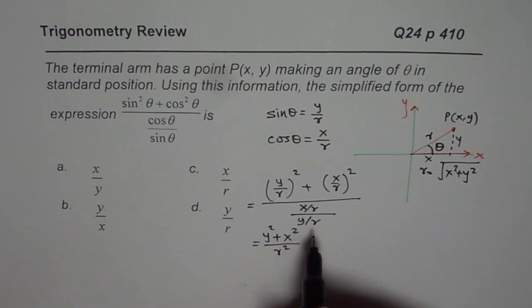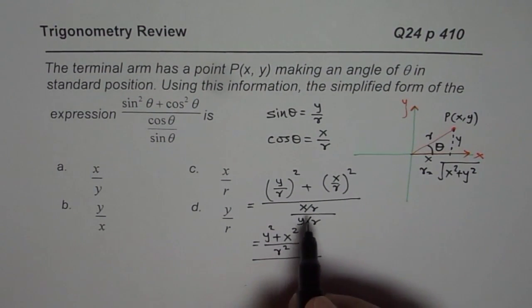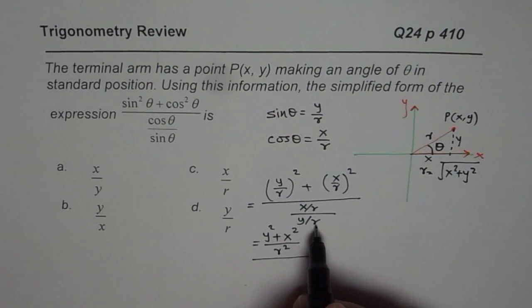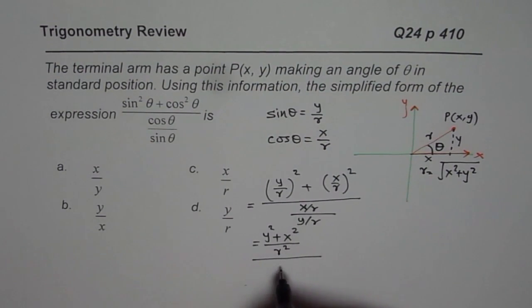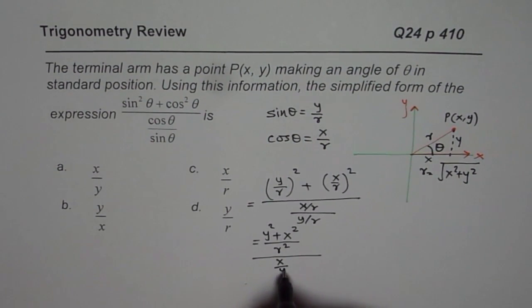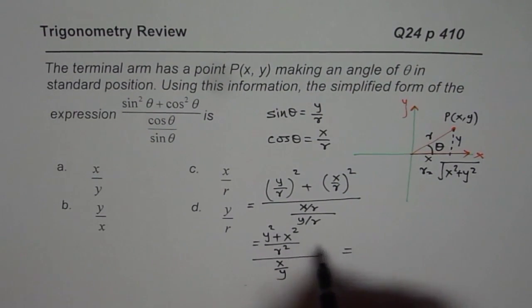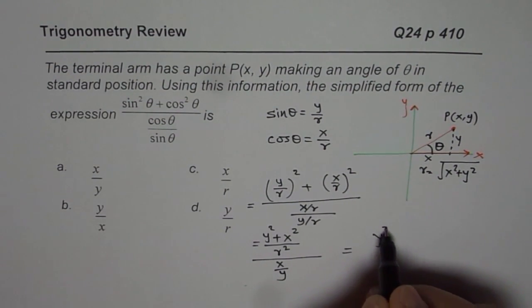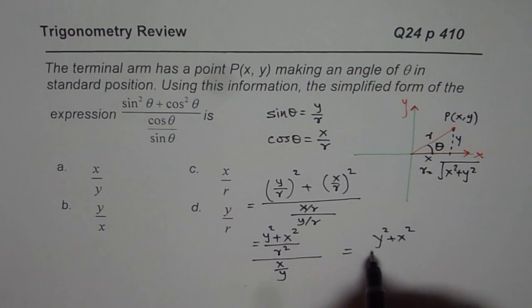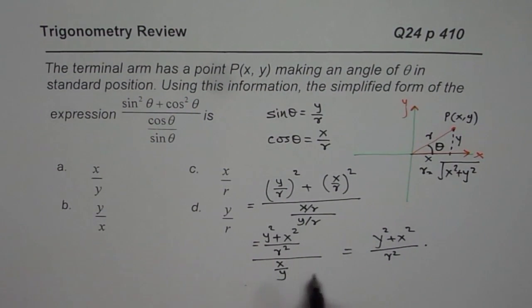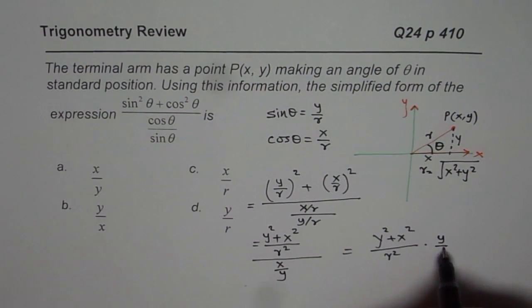Then we have divided by x over y, since r and r cancel, correct? Now I could write this as (y square plus x square) divided by r square, times, when you have division, you can flip and write, y over x.